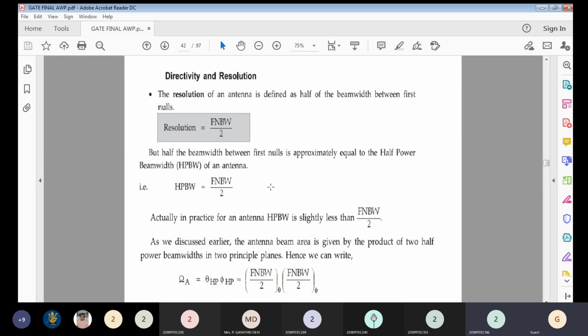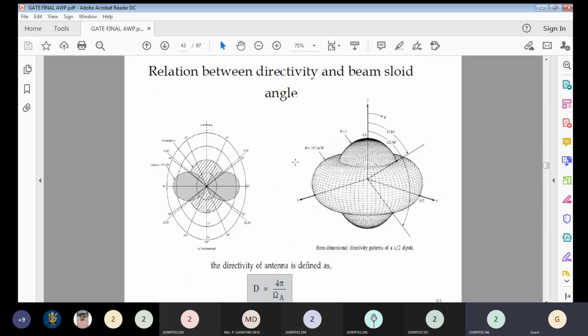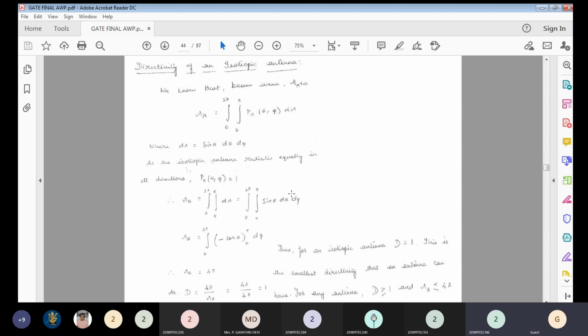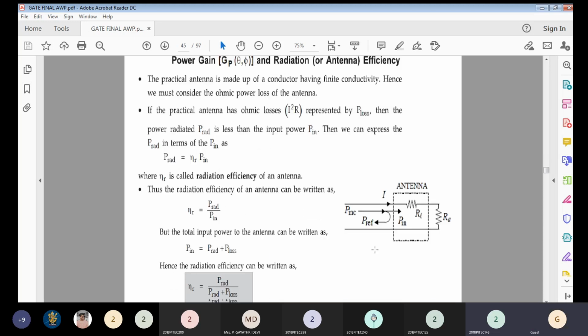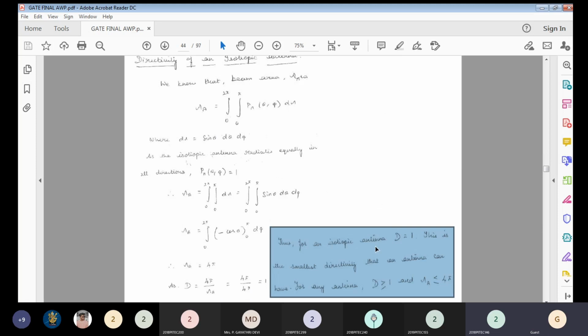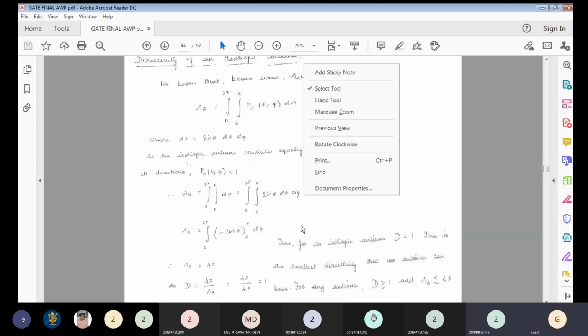And also we discussed the directivity of the isotropic radiator. What is the directivity? Directivity is equal to 1. Don't forget. For an isotropic antenna, D equal to 1. This is the smallest directivity that an antenna can have. Okay, so this we discussed.